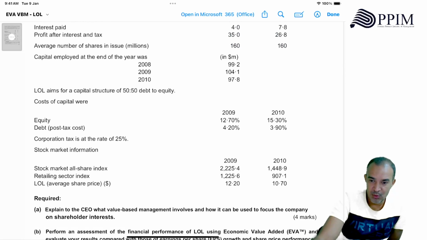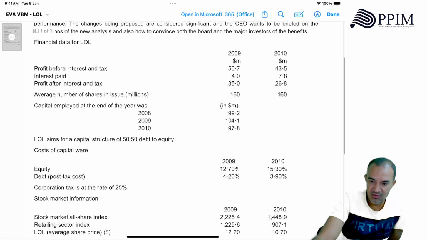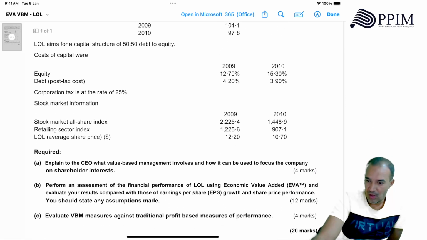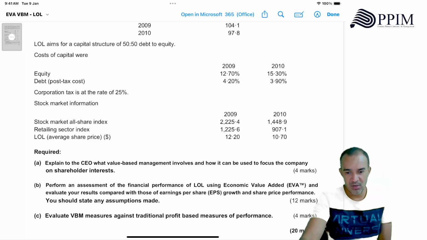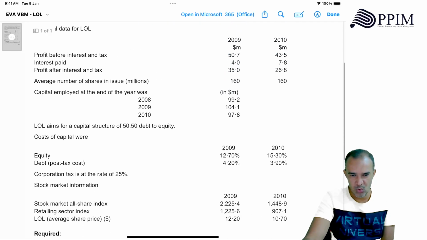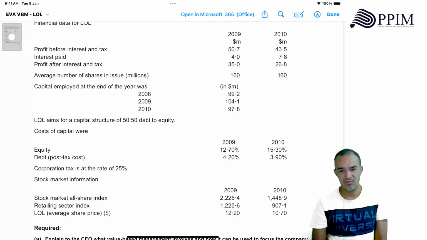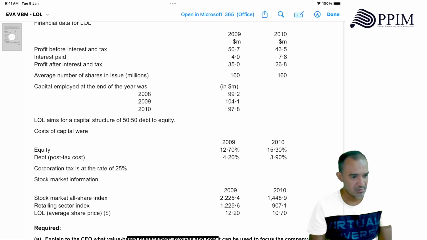Between 2009 and 2010, we need to calculate the EVA and also come up with the EPS, right? And check the movement of the index given between 2009 and 2010. Right. Let's quickly do the EVA part first. Not many adjustments, few data given. Let's do that first.